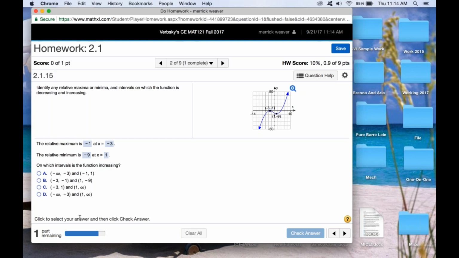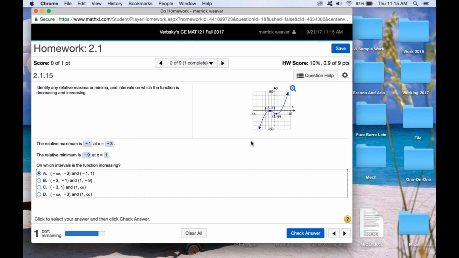Notice that first interval for A. Is that correct? Well, it's not negative infinity though, is it? Yes, if it's increasing, when you start from the left, you're starting at negative infinity. Oh yeah, that's true. So hold on, that doesn't mean it's the right answer. We got two answers that have that first interval, but it allows you to narrow it. It's either A or D, right?